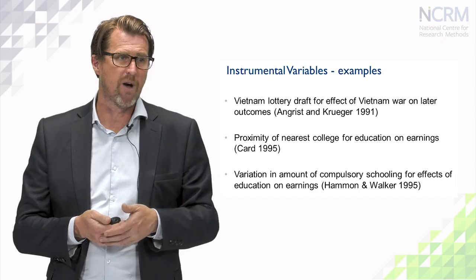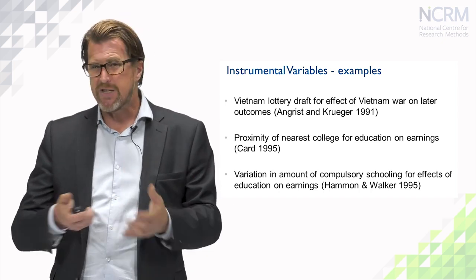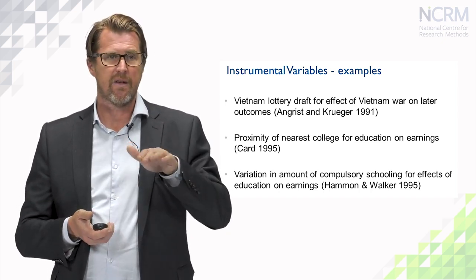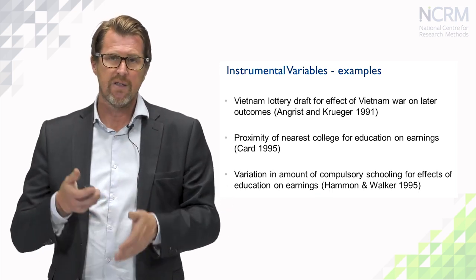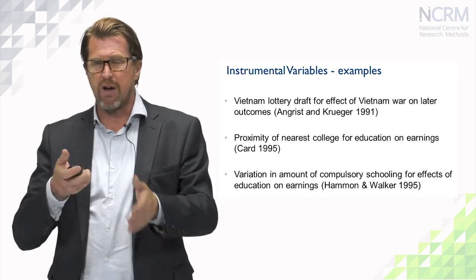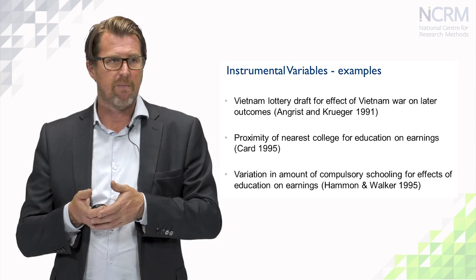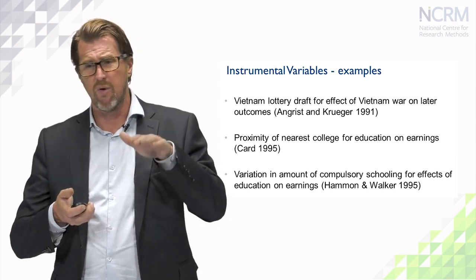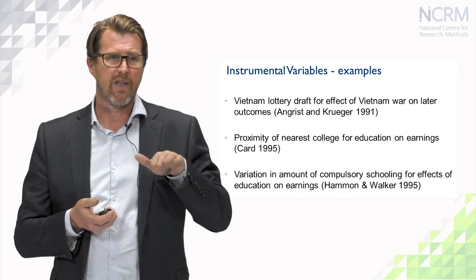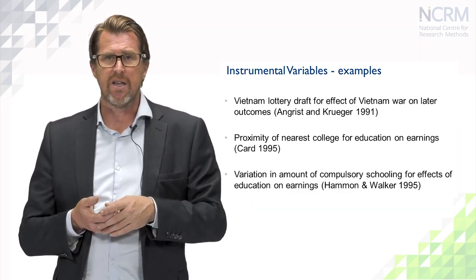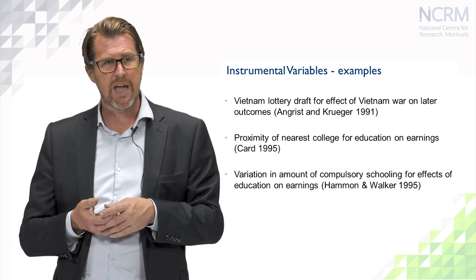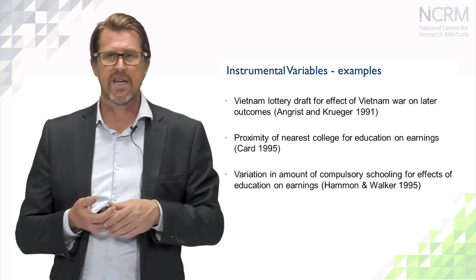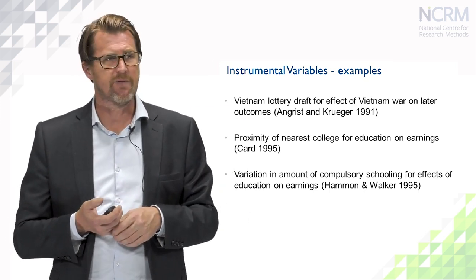The third example might be variability in the compulsory schooling age. This can vary across geographic boundaries. In US states, for example, have different compulsory schooling ages, or in the UK there was an increase in the compulsory schooling age from 15 to 16 in 1973.